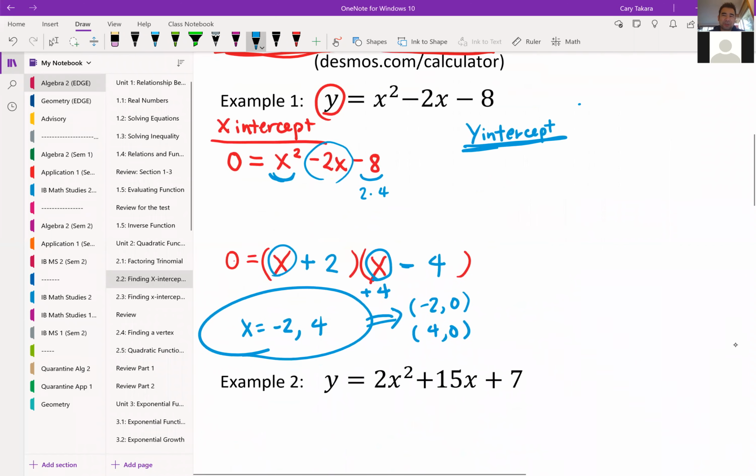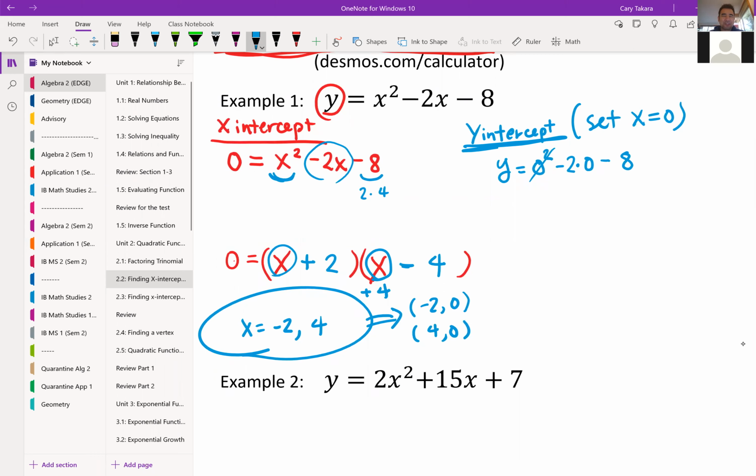So we're going to set x to 0. Let's do that. You're going to turn all x's to 0. You've got y equals 0 squared minus 2 times 0 minus 8. Now, what's 0 squared?